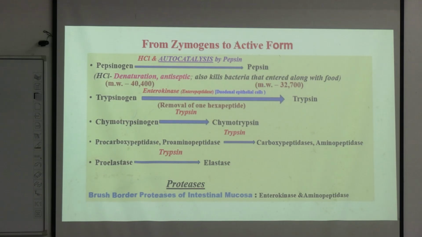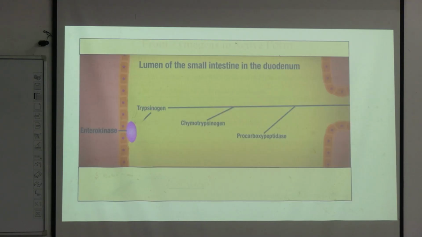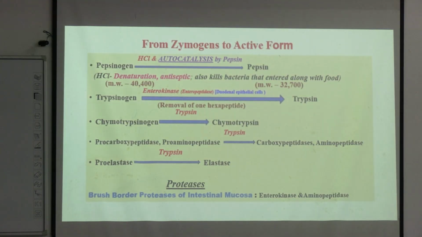Once trypsin is formed, trypsin catalyzes the conversion of chymotrypsinogen, procarboxypeptidase or proaminopeptidase to carboxypeptidase or aminopeptidase, and proelastase to elastase. So, the first important part is trypsinogen activation.